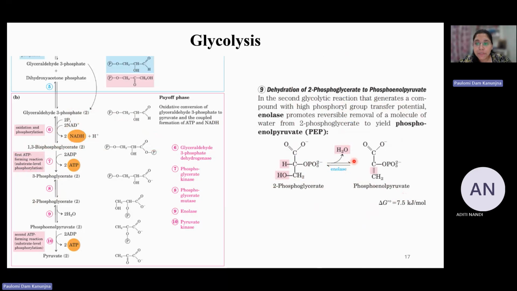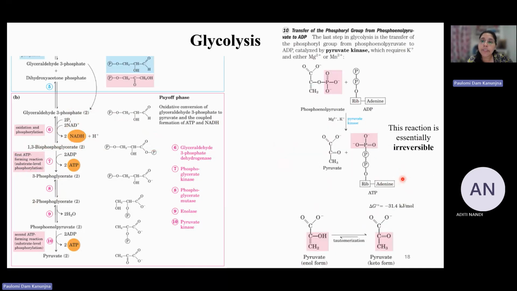This promotes the reversible removal of a water molecule from glycerate, and that gives you phosphoenolpyruvate. Okay, because this is where you have the pyruvate already coming into structure. You just need to now remove the phosphoenol group and you will get the pyruvate, which is what you want to get.